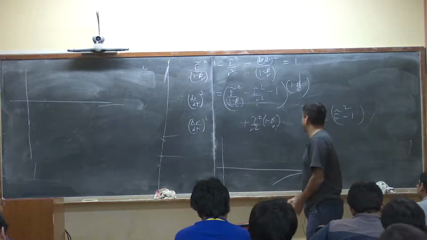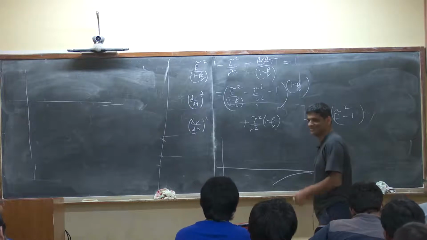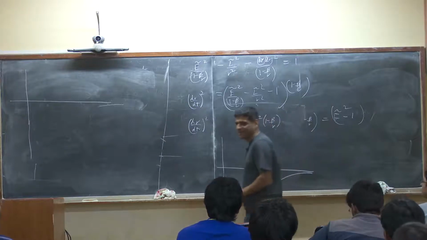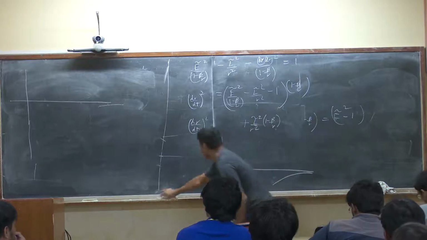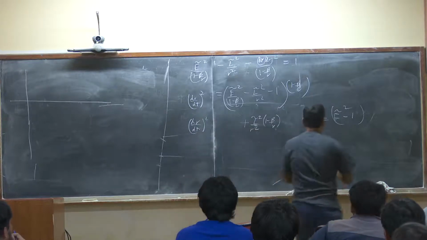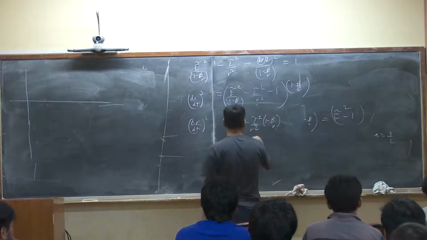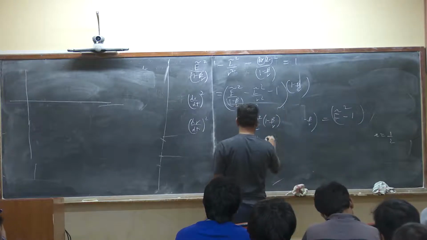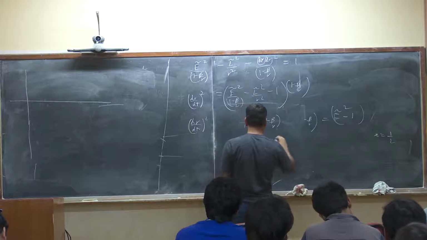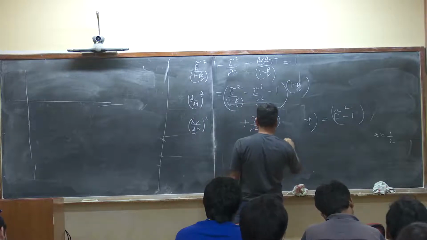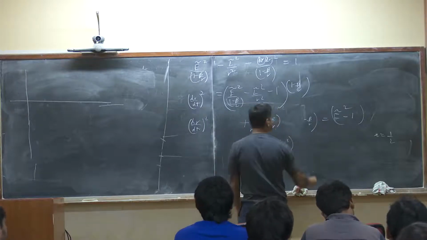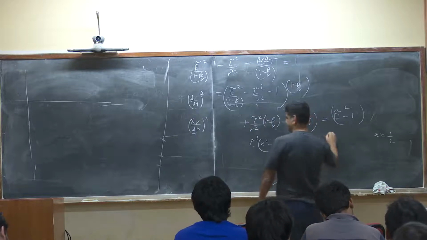Let's use 1 over r as our variable, so we can deal with polynomials rather. Let's say x is 1 by r. So this thing was L tilde squared x squared minus beta x cube minus beta x.